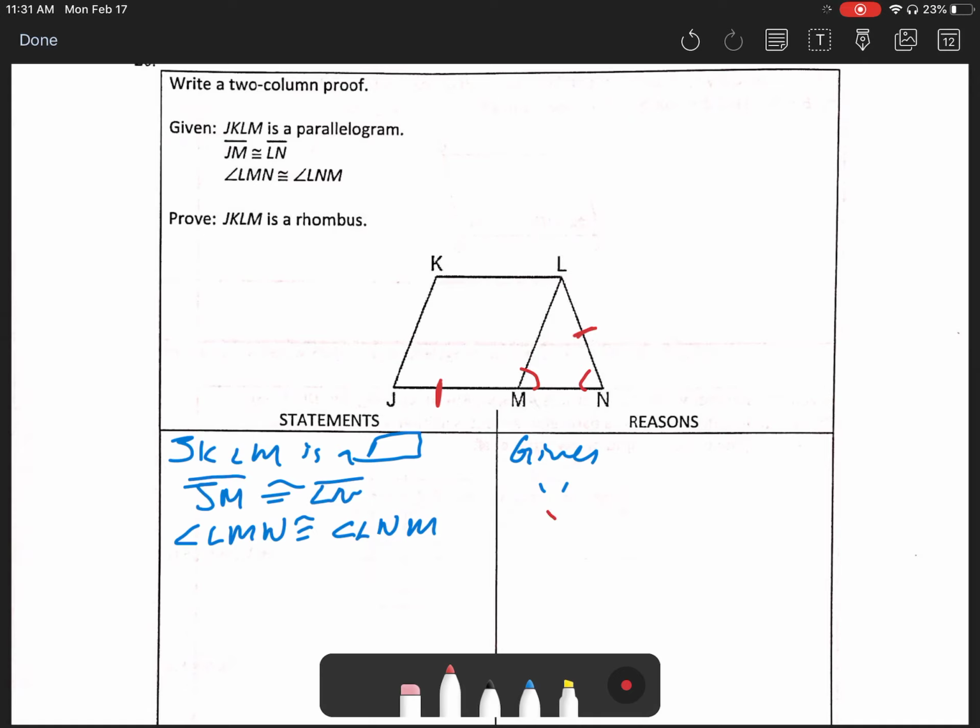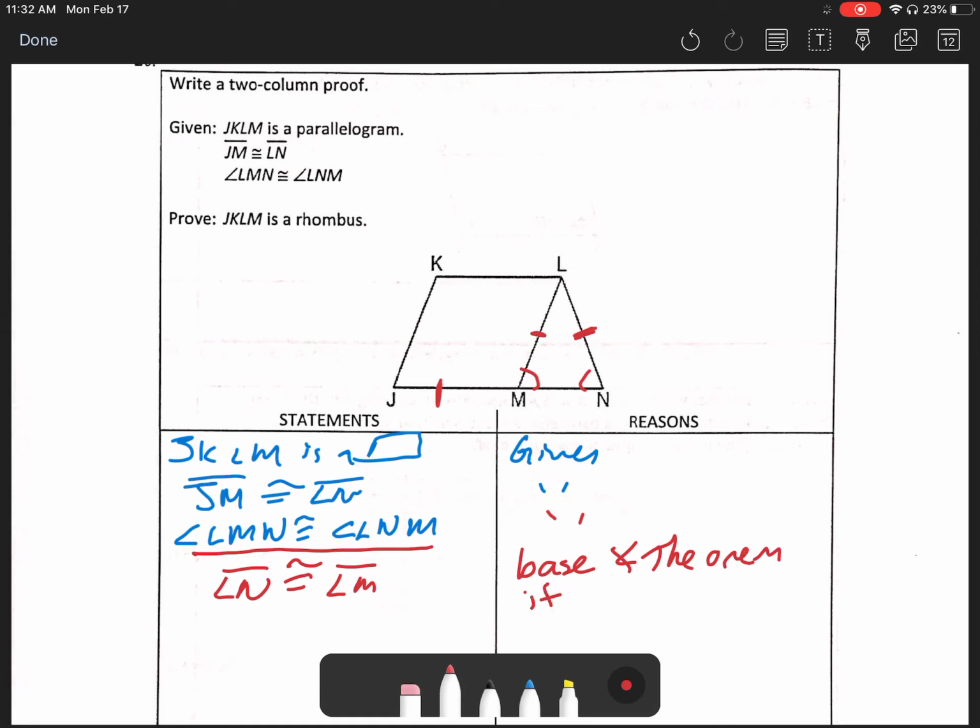What's interesting there is if I know that these two angles are congruent, then I know LN must be congruent to LM. That's because of the base angles theorem or converse, which basically says if two angles are congruent, then the opposite sides are congruent.